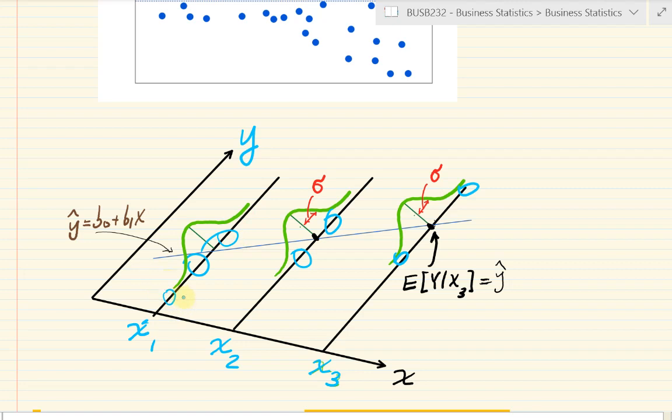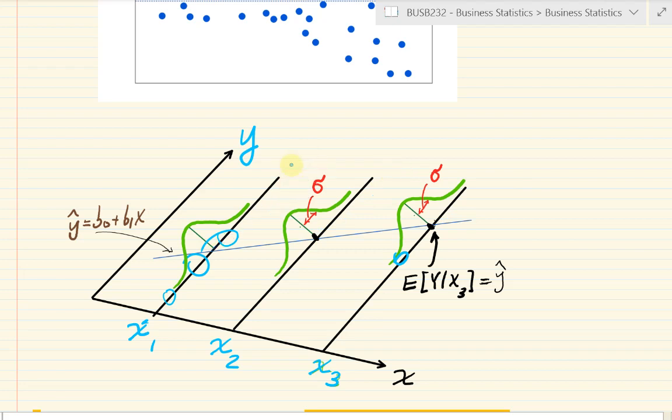Now, all these normal distributions that you see, every one of them has a different center. Look at the center of this one, center of this one. The centers are allowed to change. They change according to the regression line. But every one of them has the same standard deviation.